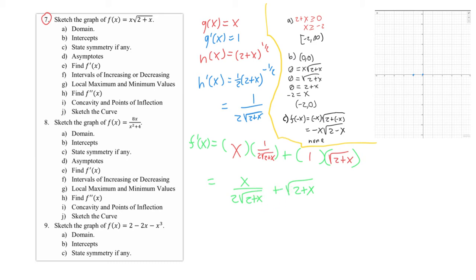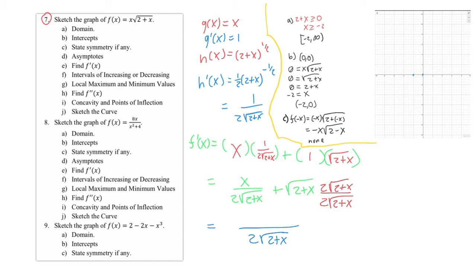Now, it's possible the teacher will want his students to consolidate this into a single monomial. So what we're going to do is ensure that we have like terms by multiplying the top and bottom by 2 radical 2 plus x. And that's going to be 2 radical 2 plus x underneath.